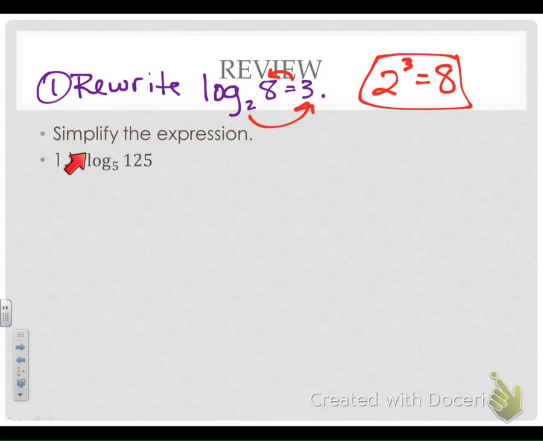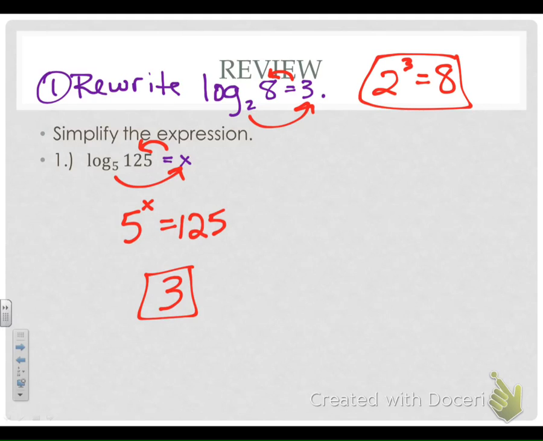The next section is simplifying an expression without using a calculator. With this, sometimes it's helpful to set it equal to x and see what it would come out to. So 5, using the circle, 5 to what power equals 125? We could say this simplifies to 3 because that's what the exponent has to be.